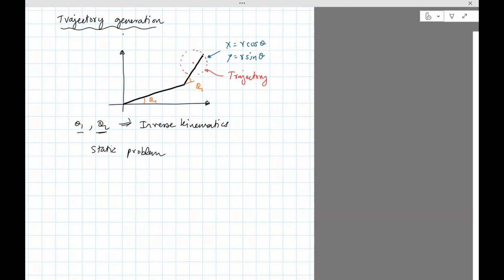But in the real world, you care about how you go from one point to another point. And so there is this temporal component, which is important, that was missing in this whole problem.